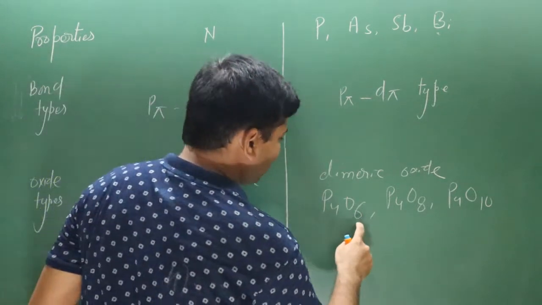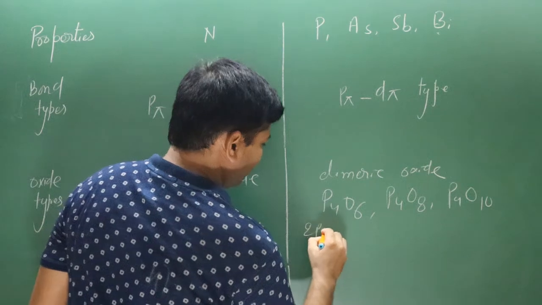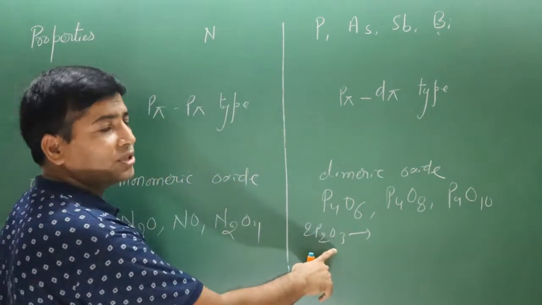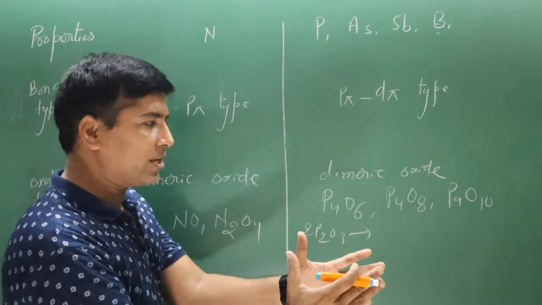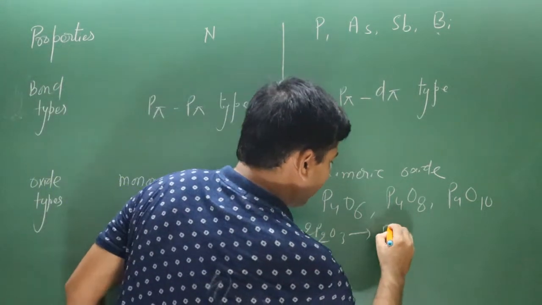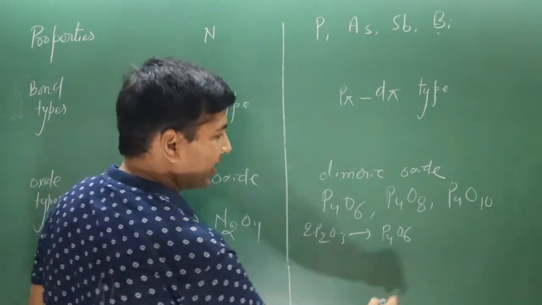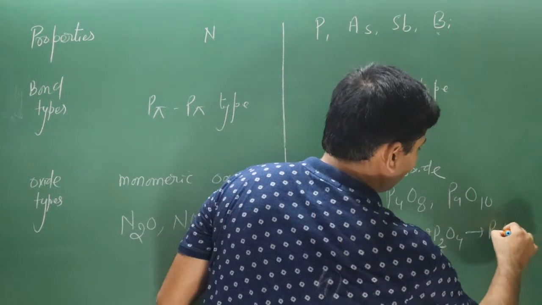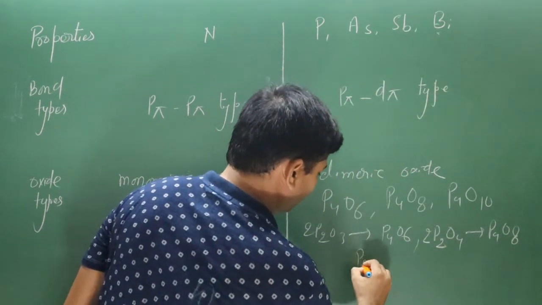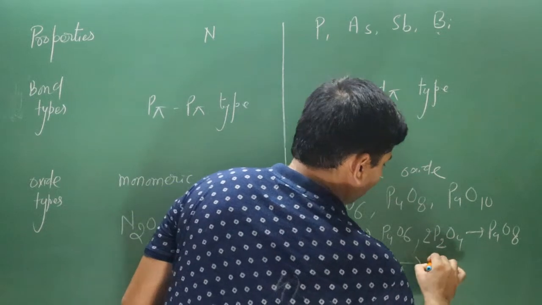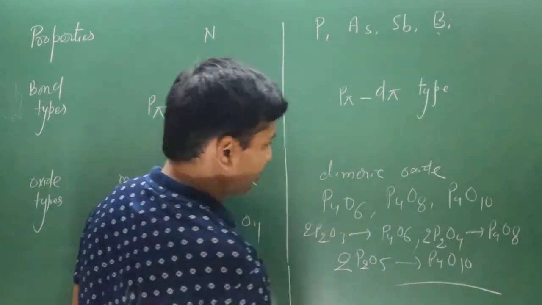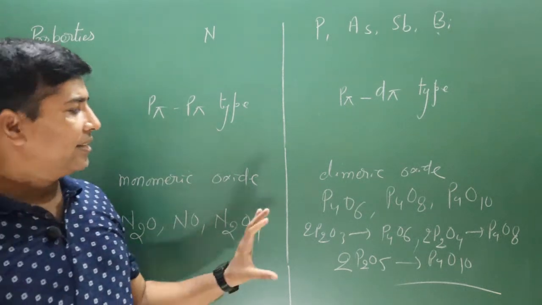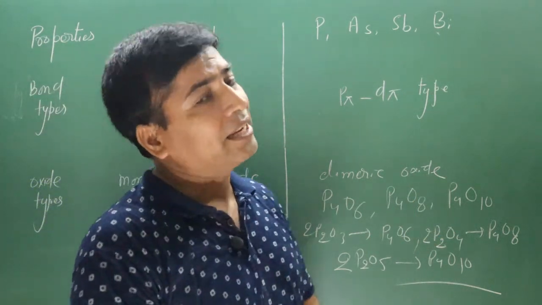For example, P2O3 undergoes dimerization: two molecules condense together to form a larger molecule, and we get P4O6. Then P2O4 multiplied by 2 gives P4O8, and P2O5 multiplied by 2 gives P4O10. These oxides are the result of dimerization.